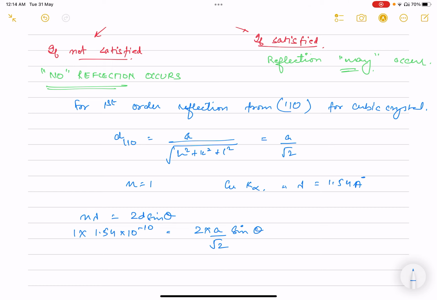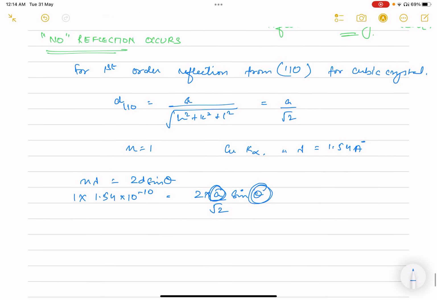So, from the XRD data we can get this theta value, so hence we can calculate this lattice parameter a. So, this is how we use Bragg's equation.